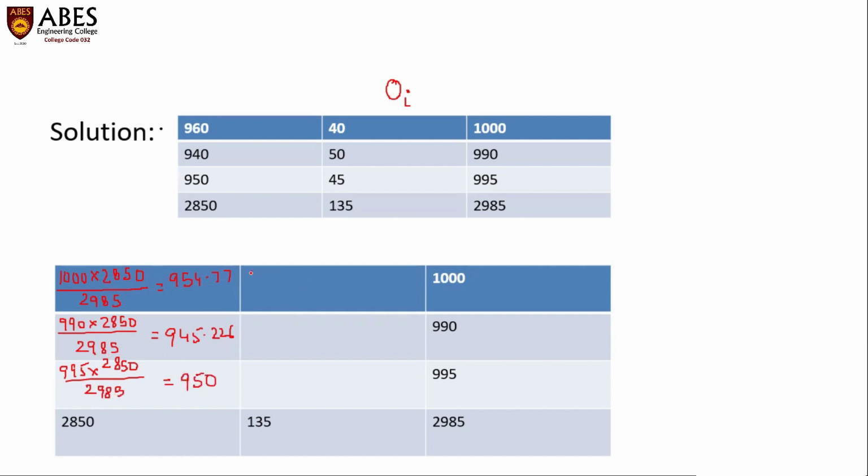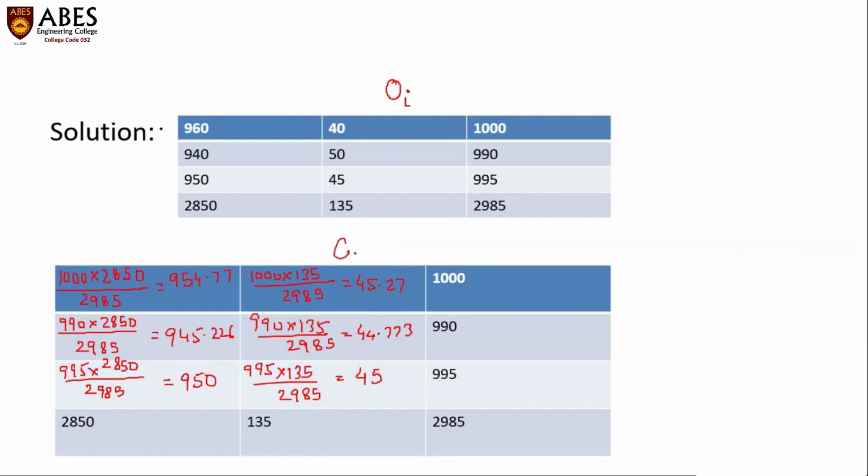Similarly, this will be 1000 into 135 by 2985 equals to 45.27. 990 into 135 by 2985, that is 44.773, and 995 into 135 by 2985 equals to 45.